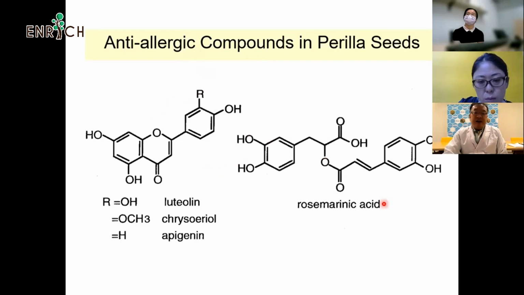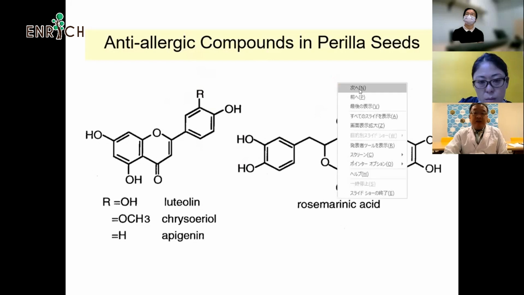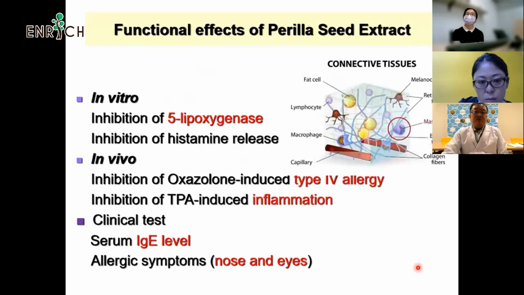These are strong antioxidants which capture activated oxygen. From this slide, I'd like to show you the anti-allergic mechanism of perilla seed extract. And then I'd like to introduce the clinical efficacy of perilla seed extract.